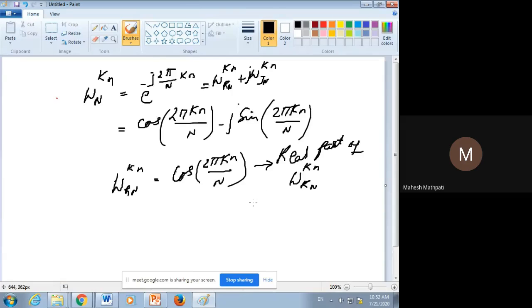Now the imaginary part, what will I write? W_I to the power kn is equal to minus sine 2 pi kn upon N. So this is the imaginary part of W_N to the power kn.